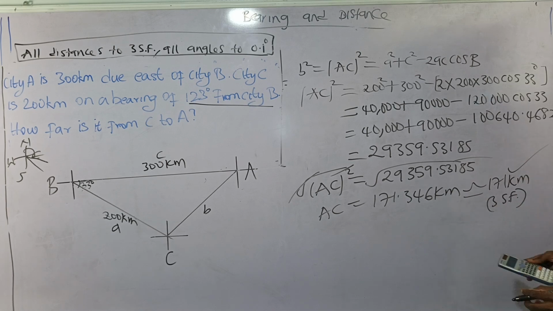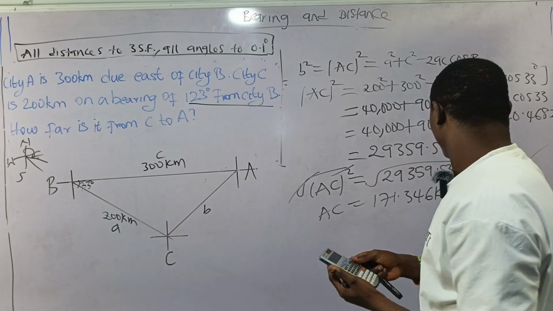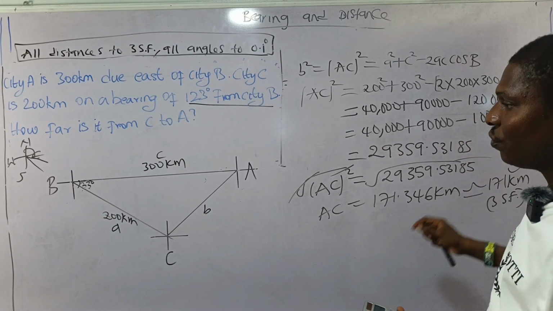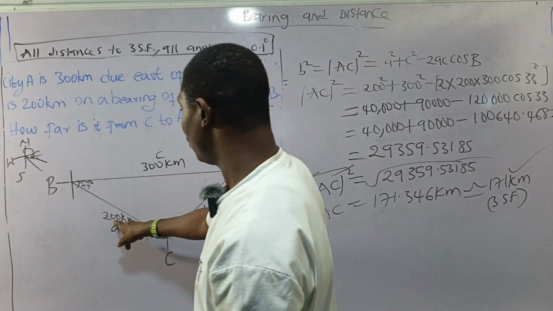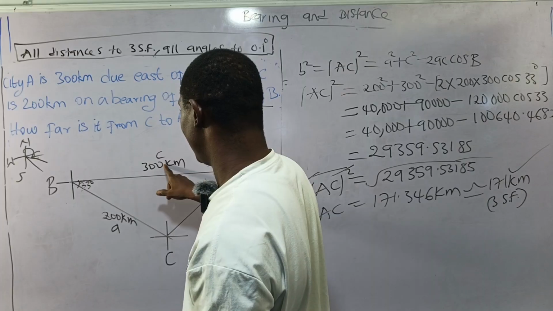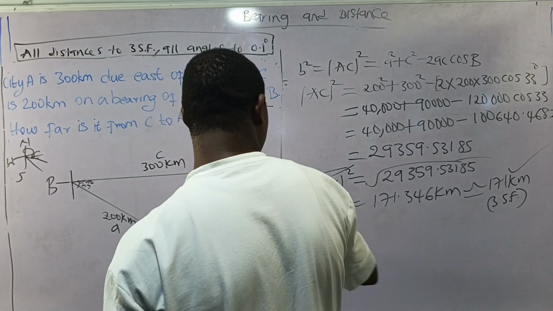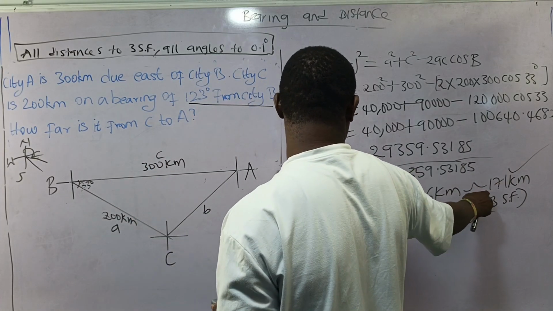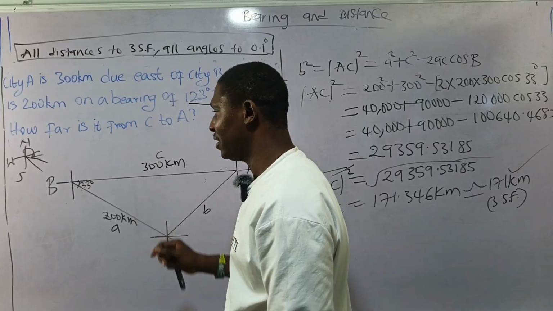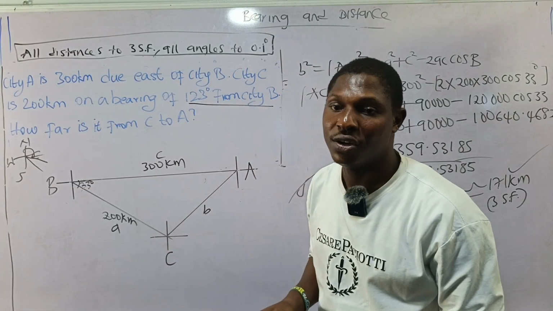And this is my answer. Thank you. If you check, the value got is 171. If I add it to 200, it's greater than 300. 300 plus 200 is 500, which is greater than this. And 171 plus 200 is greater than 300, so it's a perfect triangle. Thank you.